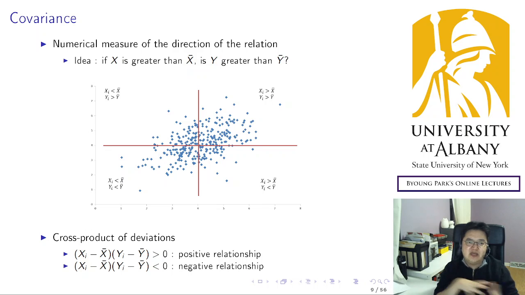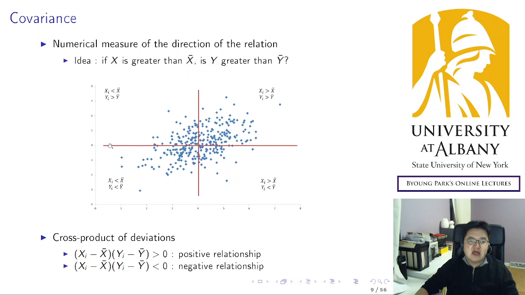So that's the basic underlying idea behind the direction. And then we are going to quantify that. First, when we say decrease or increase, the reference point, the starting point, will be chosen as the mean.